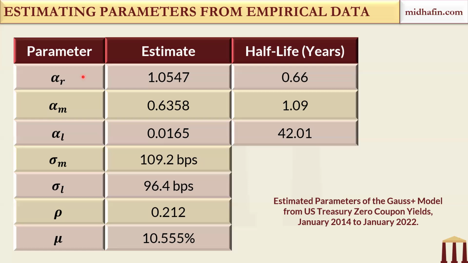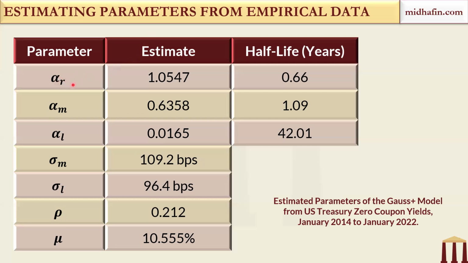So suppose the short-term rate is far away from the value it is supposed to take after some time, then in how much time will that distance be covered? 50% of the distance will be covered. That is your half-life.